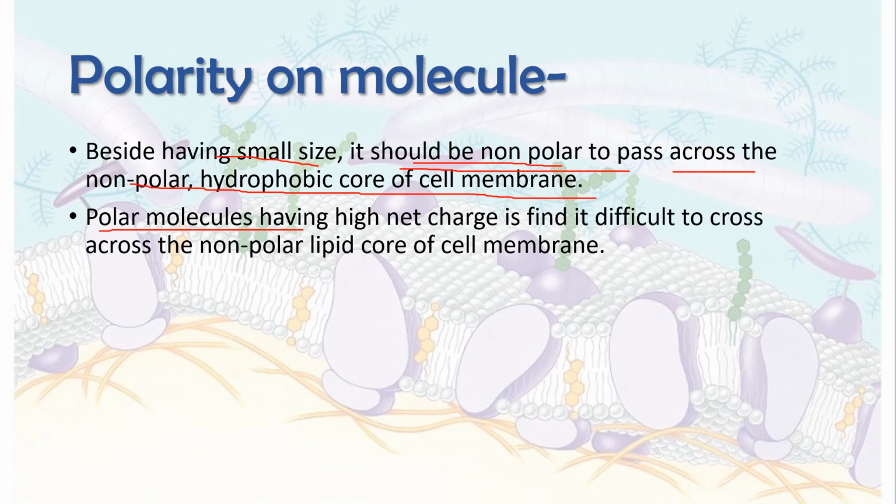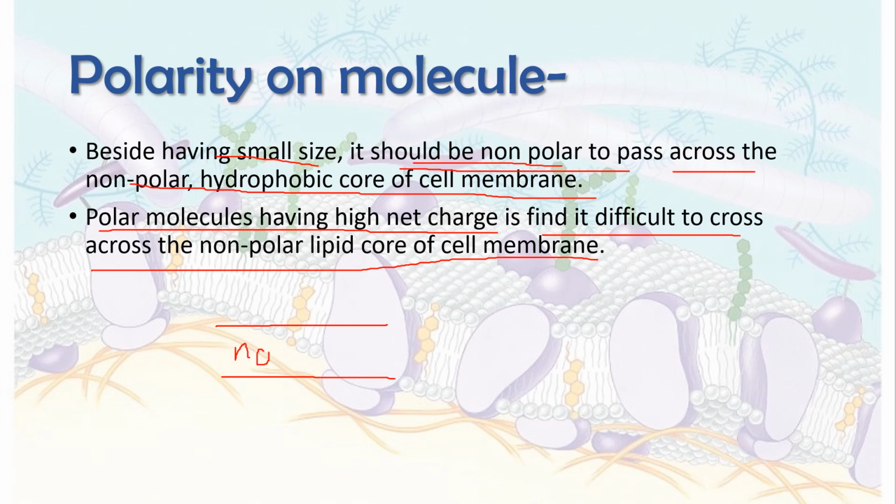Then only it can pass across the cell membrane. Polar molecules having high net charge find it difficult to cross the non-polar lipid core of the cell membrane. Suppose this is our cell membrane. Okay, the interior of the cell membrane is non-polar. So the cell membrane has a non-polar core.